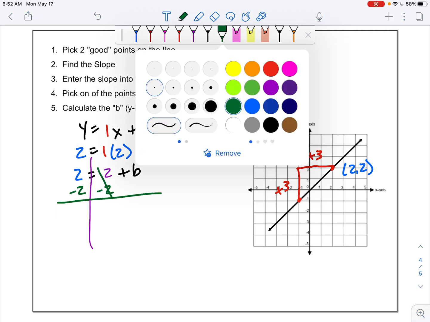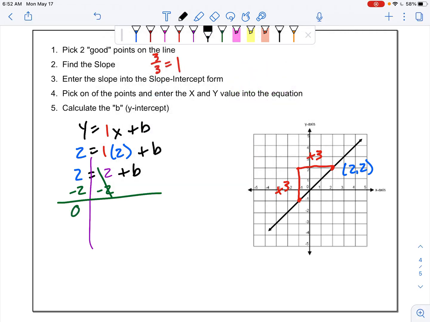And it ends up that my b is going to be 0. So we're just going to go back to the formula here. Y equals 1x. And I can put the plus 0 or not. It doesn't really matter. I'm not going to, because typically you don't see that plus 0, but you can see that this line crosses the y-axis at 0.